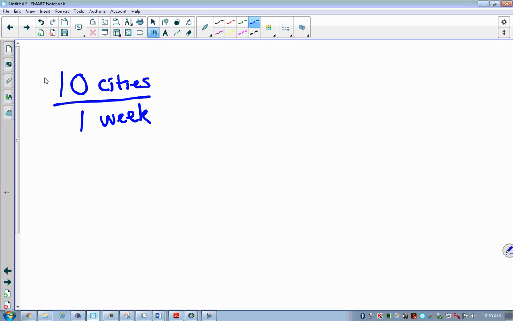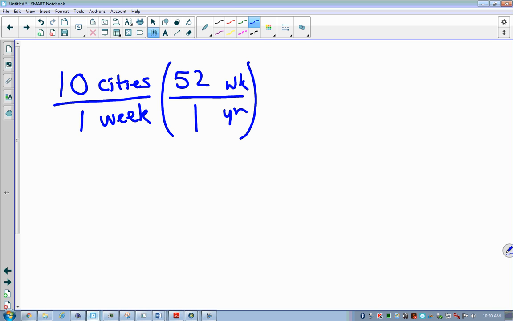We need to find out how many weeks are in a year. So we're going to put weeks at the top, years at the bottom. Which one's bigger? Year. So 1. How many weeks are in a year? 52 weeks in a year.